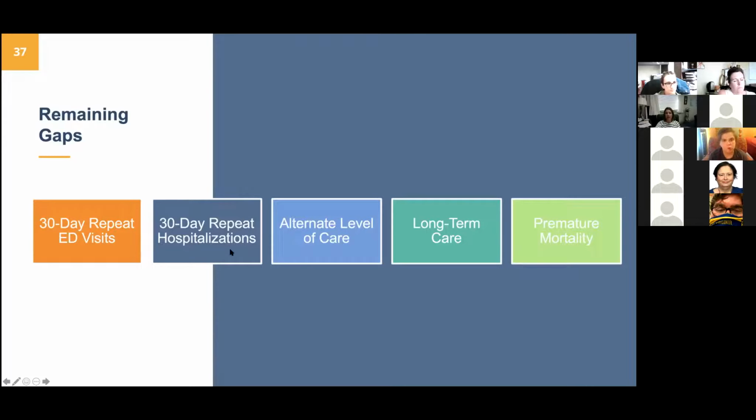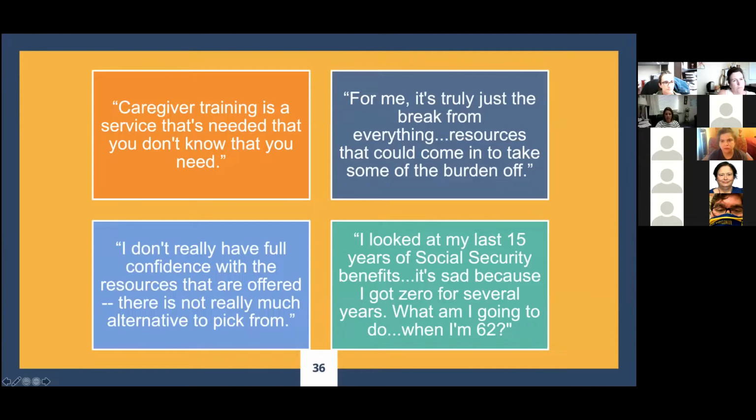They also have a greater likelihood of getting back into the hospital for care. They have a greater likelihood of intensifying the level of care needed. That's part of that preventive piece. Greater likelihood of needing long-term care, and then premature mortality.